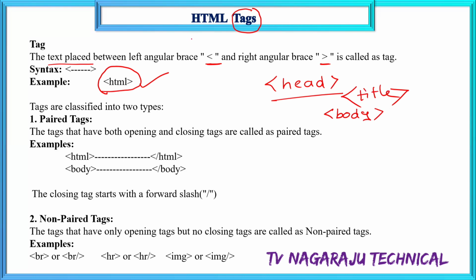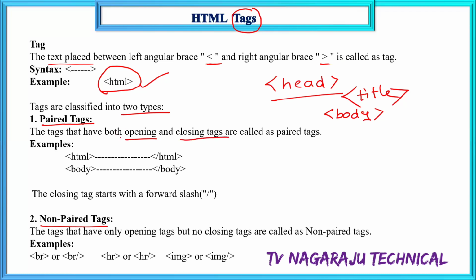In HTML, tags are divided into two types. One is the paired tag. The second one is the non-paired tag. Paired means if you open one tag, after completion of your operation, you must close the tag.